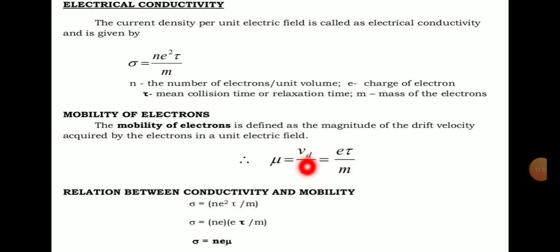Here Vd is the drift velocity. Putting in the value of Vd, the E cancels, giving μ = eτ/m.